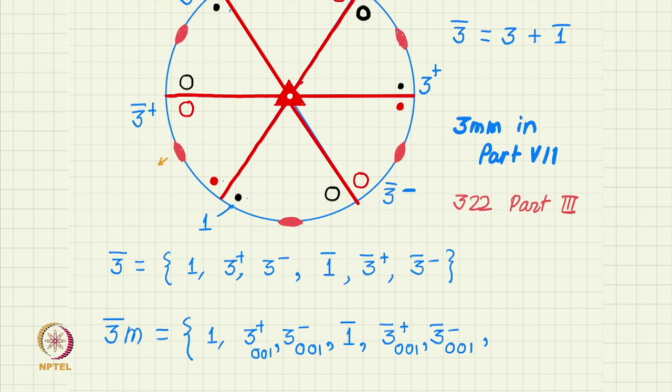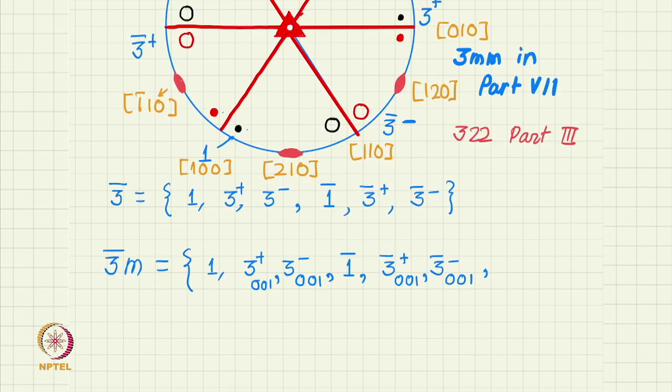Take this direction as my 100 direction, and at 120 degrees the 010 direction. Then this becomes the 110 direction, and this becomes the bar 110 direction. In the middle of 100 and 110 I have 210, and in the middle of 110 and 010 I have 120. So we have now labeled the directions.